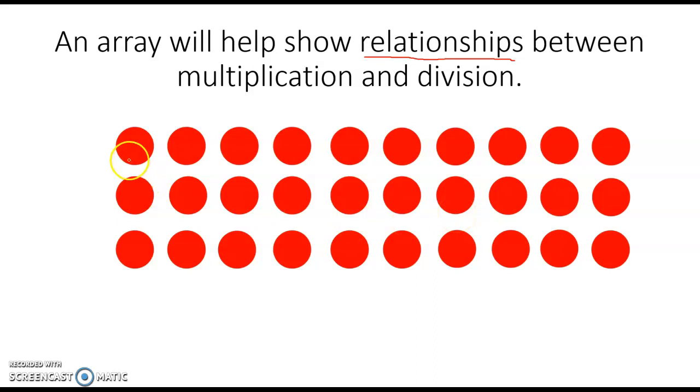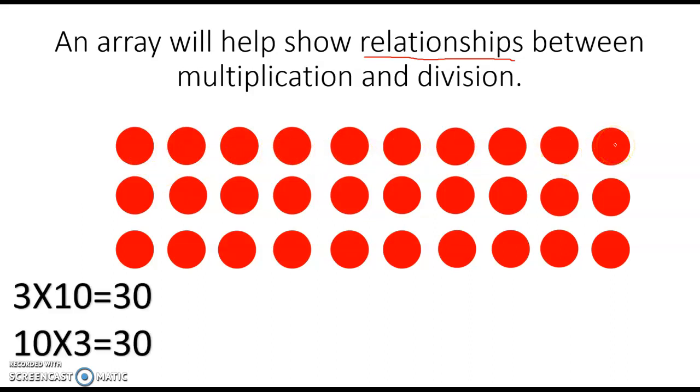Okay, so we've got 3 rows, and there are 1, 2, 3, 4, 5, 6, 7, 8, 9, 10 in each row. So 3 rows times 10 in each row equals 30. As you know, we can switch these around and we could do 10 rows times 3 in each row equals 30.